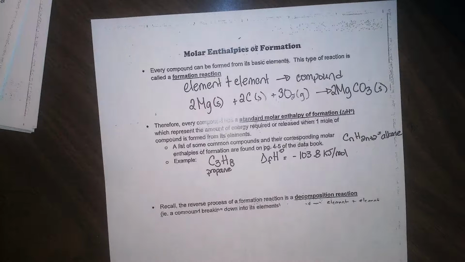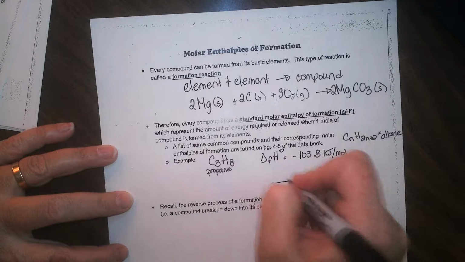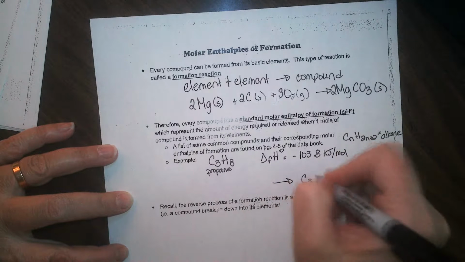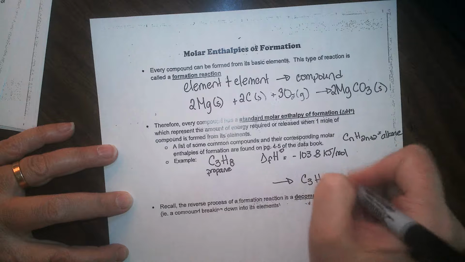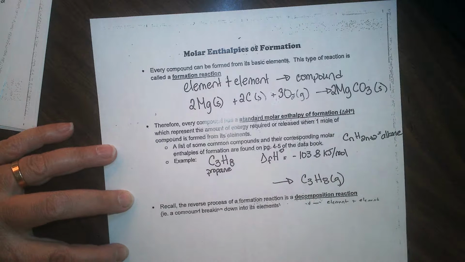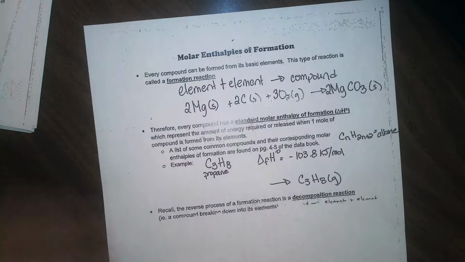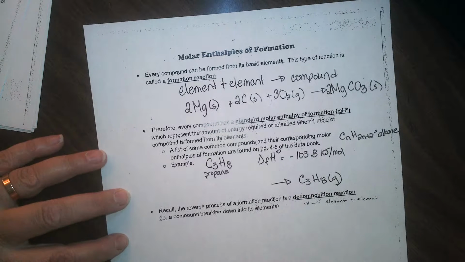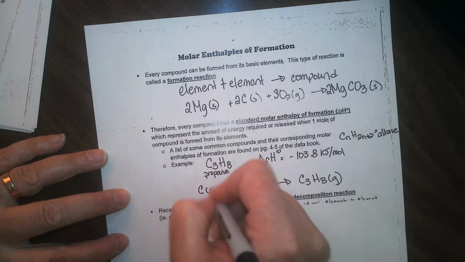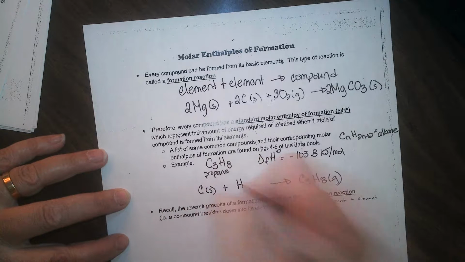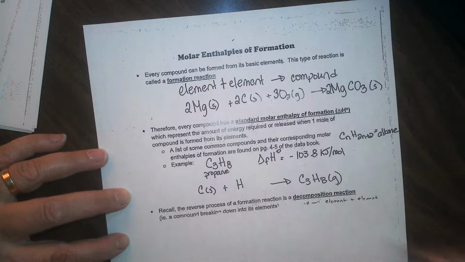And so how would we make this? If our product was C3H8, how would we make it? What element plus what element would make this compound? C plus, just like that? Why does it have to be H2, Sean? Because it's diatomic.